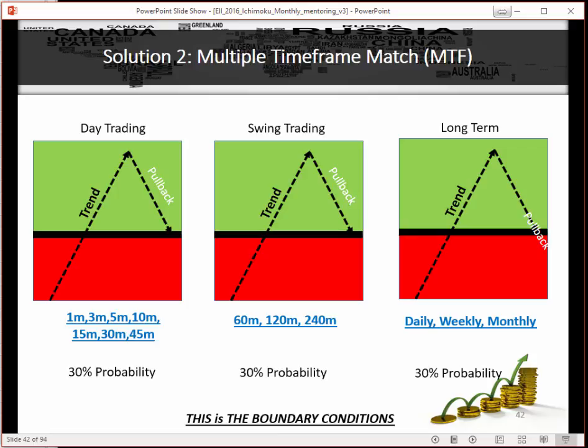So that's what we're going to be looking for: this IMTF concept, which is basically the same support or resistance across multiple time frames.